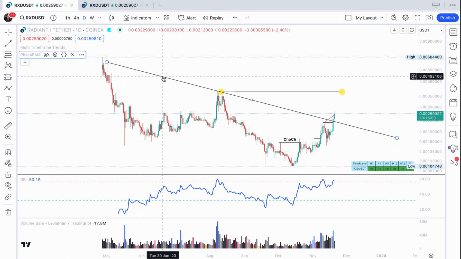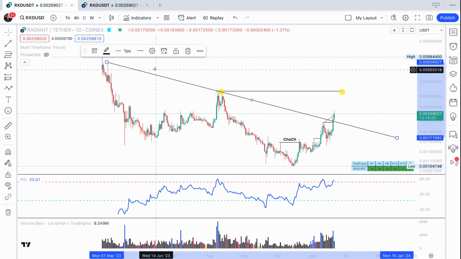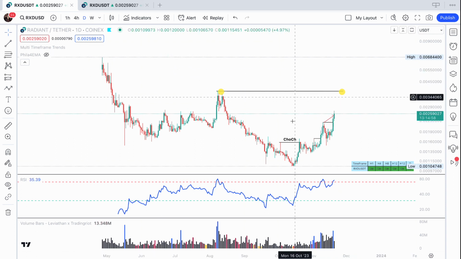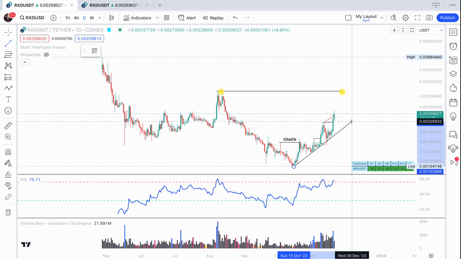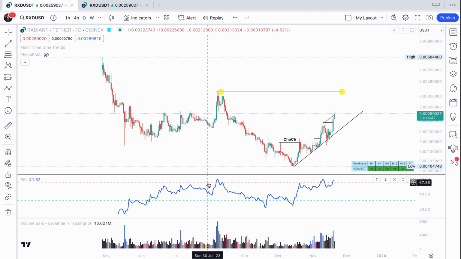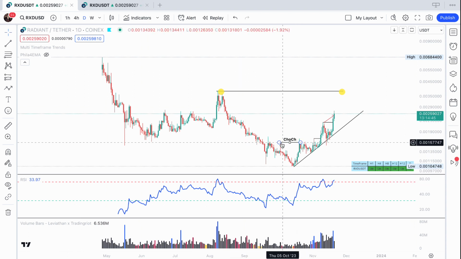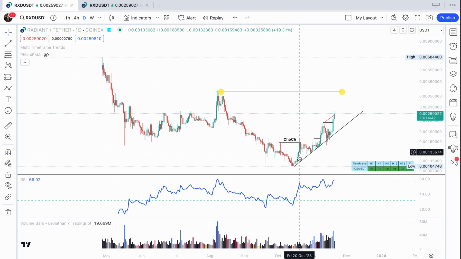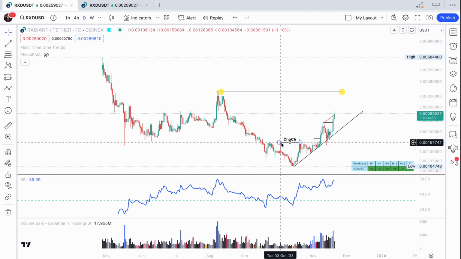And we try to do the same for the coin on the daily time frame. Okay? For example, let's pull a trend line. You see that on the daily time frame, clearly this asset is in an uptrend. First, we have a change of character, a bullish change of character. Why? Because the October 20 candle was closed above the previous swing high.